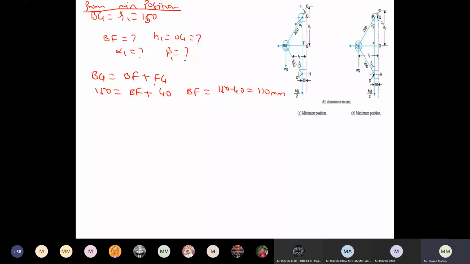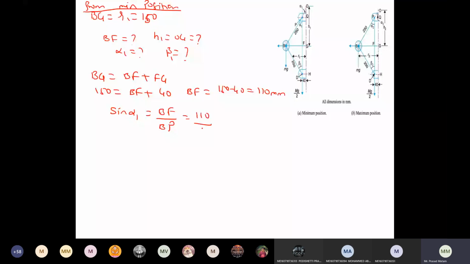Now can anyone tell what sin alpha 1 is? Sin alpha 1 is nothing but BF by BP. BF I found, which is equal to 110, and BP is the arm length, 250 mm.